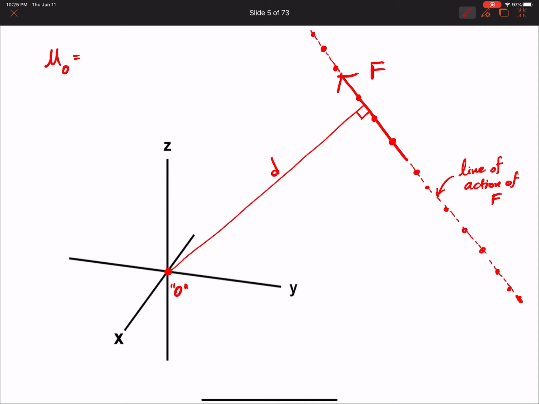So in the same way that we define moments in 2D, the exact same definition applies for vectors in 3D. Now, in 3D, it's kind of tricky to find that shortest distance.